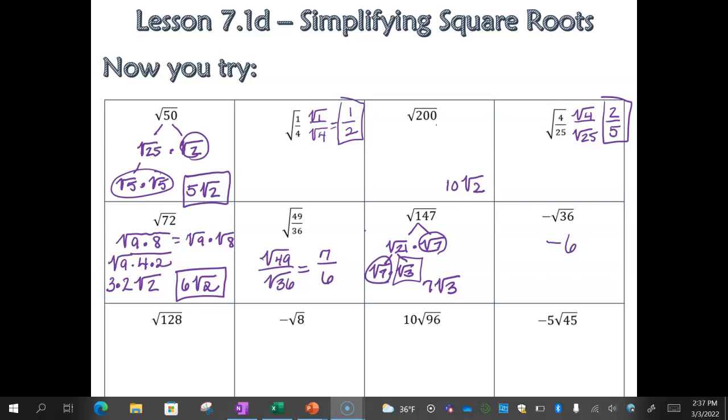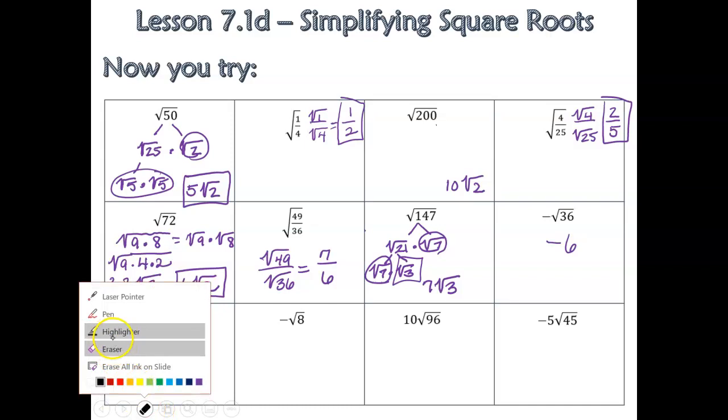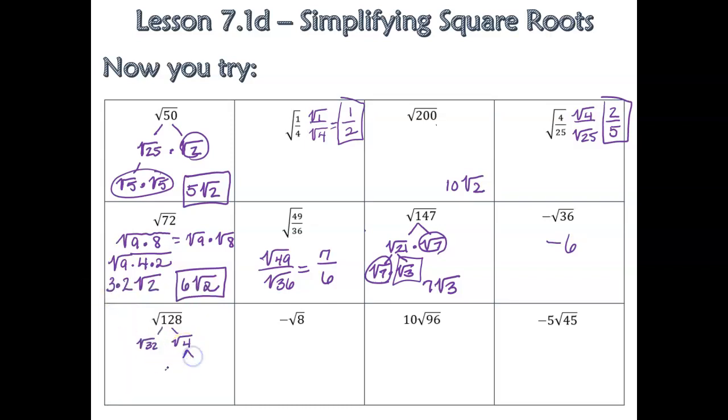So here I'm going to do the tree. I'm going to do the square root of 32 times the square root of 4. Break that down even further into the square root of 2 times the square root of 2. 32, I'm going to do the square root of 8 times the square root of 4.